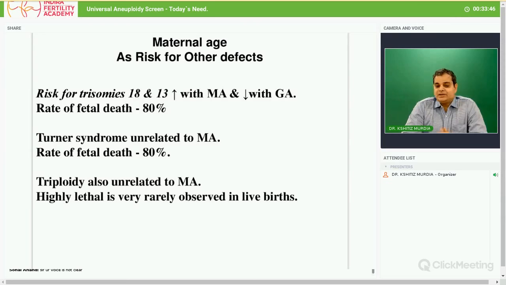But the rate of fetal demise in utero is far more than that of trisomy 21, and reaches up to 80%. Turner and triploidies are not at all related to maternal age. The rate of in utero demise in Turner syndrome is around 80%, and triploidy is very lethal, which is why it's very unlikely to see a live birth with triploidy.